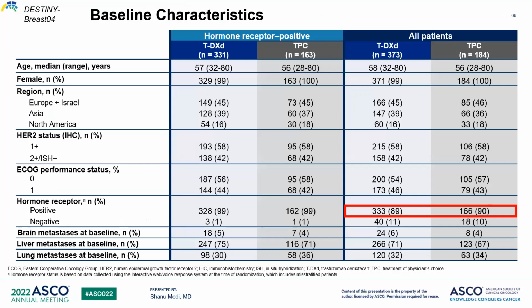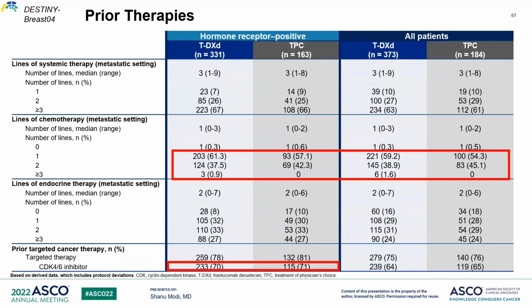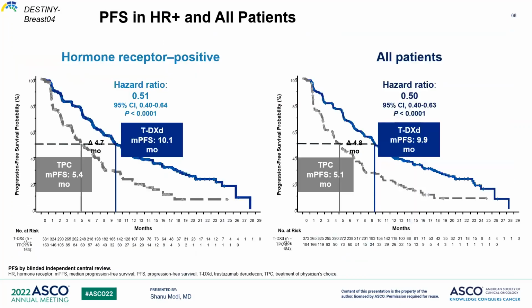Close to 90% of the patients on the study had hormone receptor positive disease, although they were allowed to have some patients with triple negative breast cancer. About 60% of them had received 1 prior line of therapy and 1/3 had received 2 prior lines of therapy in the metastatic setting. So this is a 3rd line study for many patients.